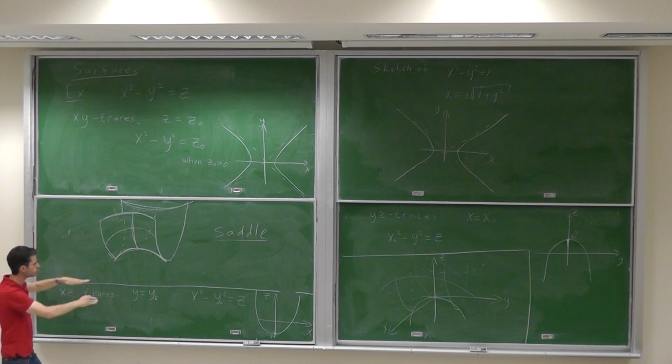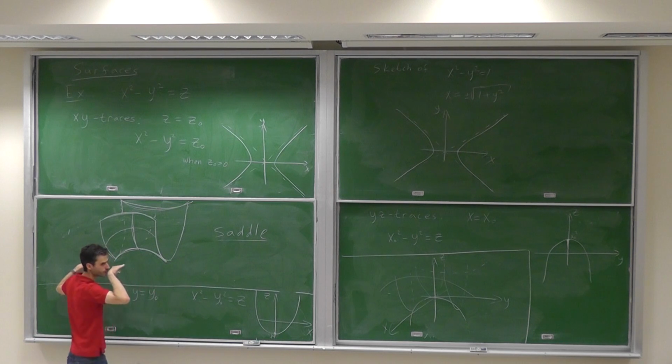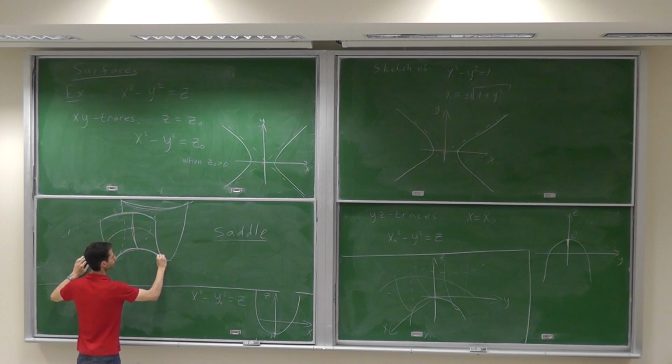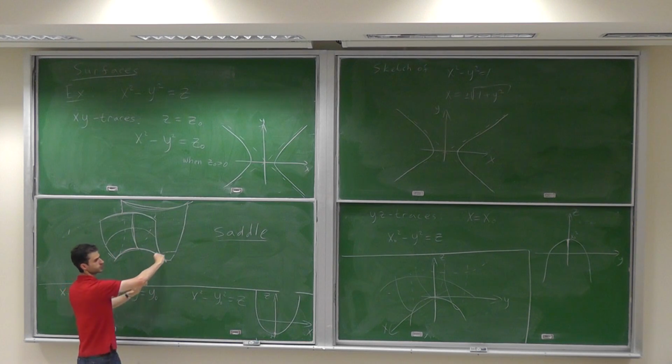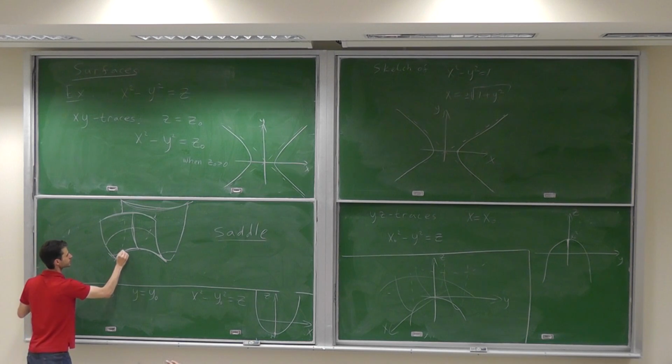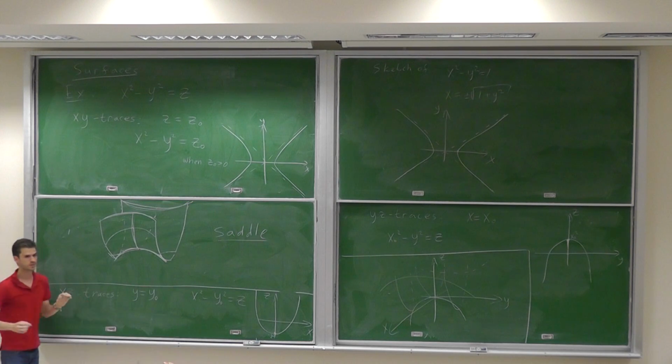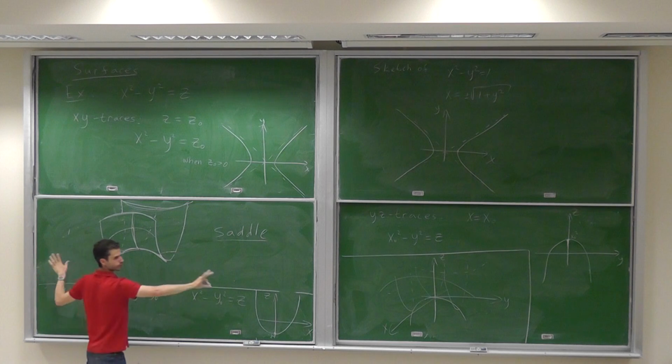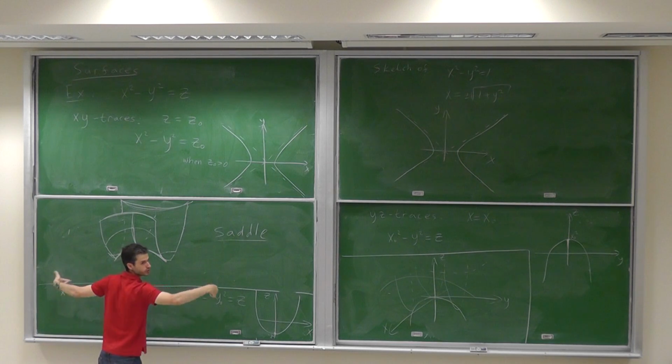If z is below 0, you try to cut this saddle by a horizontal plane which is below this point, and you'll get such a trace. This is hidden, and this we see. So you get something like this, and also something like this. If you continue this further, you'll see the whole hyperbola like this.